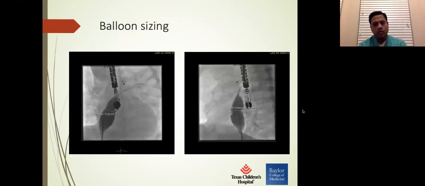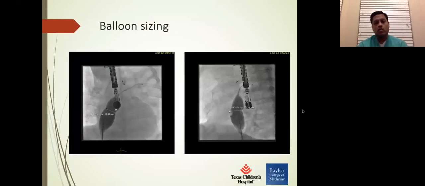At that point, you measure the waist of the balloon by echocardiography as well as fluoroscopy. And usually there is only about 1 to 2 millimeter discrepancy between the echocardiography and fluoroscopy measurements.